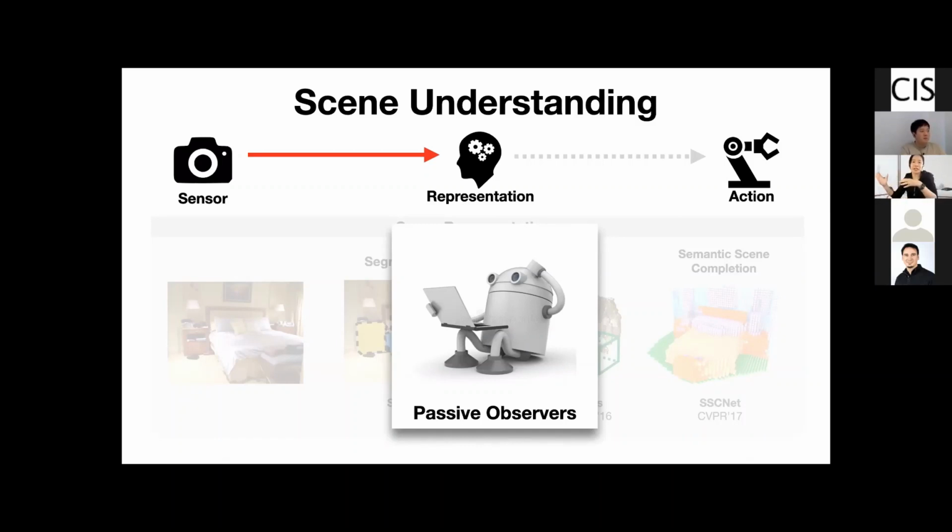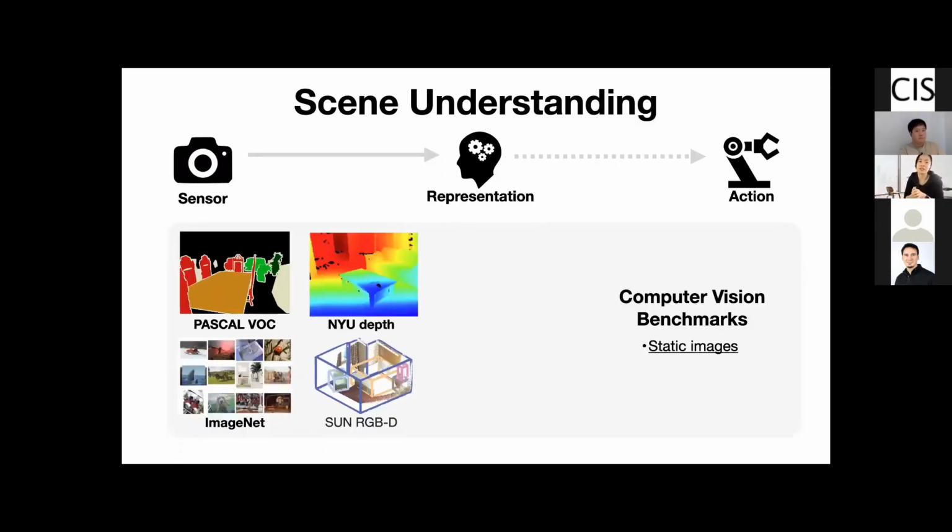All the action happens only after they have already extracted the scene representation. This assumption is widely reflected in many standard computer vision benchmarks, which contain only static images captured from a third-person view. The typical ImageNet or Pascal VOC datasets all follow the same protocol.